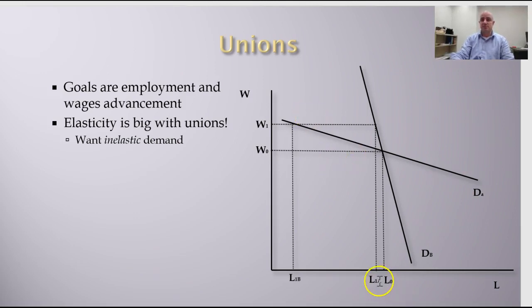If, however, it was Group B, because demand is inelastic, we would go from L0 to L1B. So the decrease in workers would not be that severe. This illustrates why unions want inelastic demand: the wage gains they get don't come at the expense of a large decrease in the number of workers.